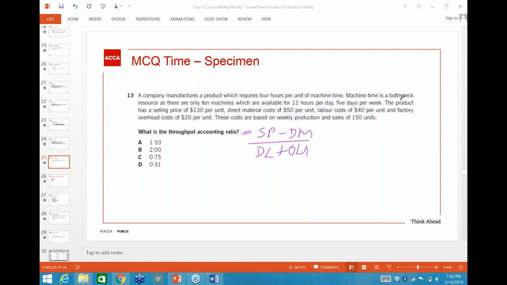Machine time is a bottleneck resource and there are only 10 machines available, 12 hours per day for 5 days per week. I'll tell you why. The product has a selling price of 130 and a direct material cost of 50. The labor cost is 40 and the factory overhead is 20.